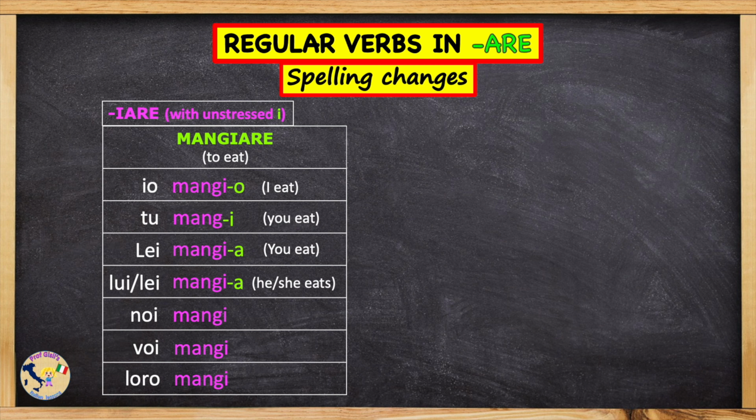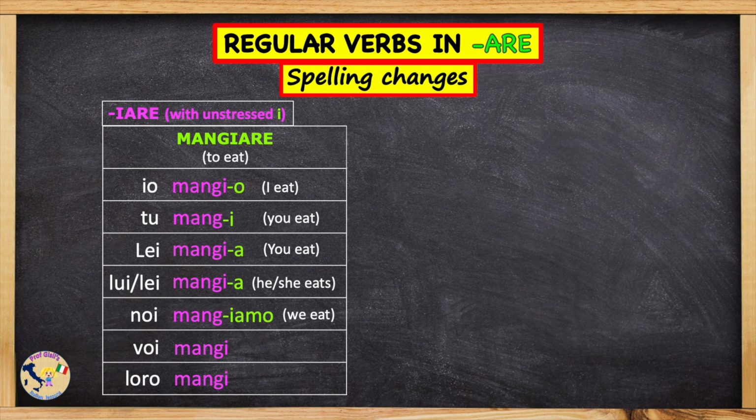For the first person plural noi, we proceed in the same way as for the second person singular tu. We remove the e from the verb stem and then add the ending iamo. We get noi mangiamo. The last two persons do not display any changes, and we have voi mangiate and loro mangiano.